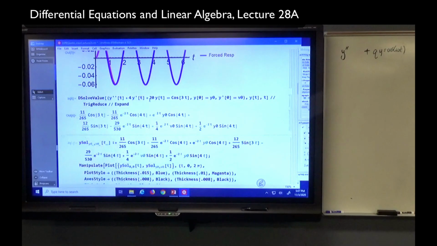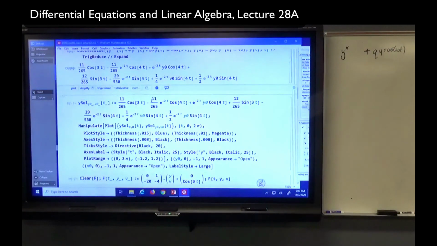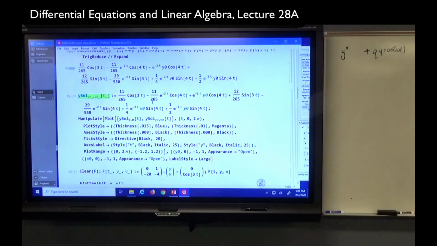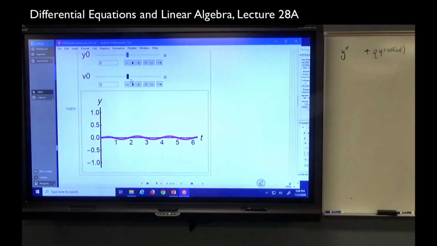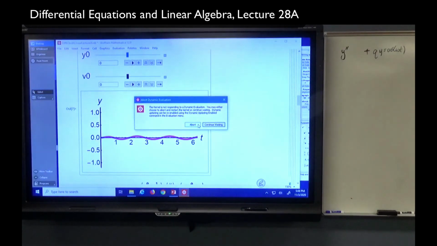We can do it for a generic IVP and get this. And I can make a manipulate plot if I like to see that no matter what my initial condition is, no matter what my initial velocity is, and no matter what my initial position is, it'll work still, and Mathematica's stalling on me here. Interesting, it's never stalled in this room before.